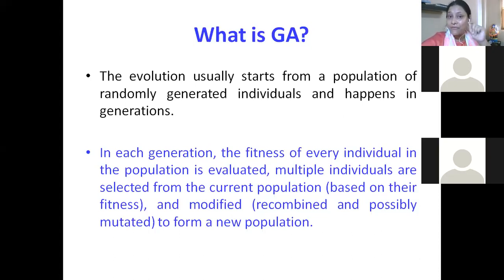That means each solution wants to create the next generation, which may be the fitter one, the better solution. So in each generation, how can you evaluate whether your next generation is fitter or better or not? You need to evaluate the fitness of every individual which will evolve in the next generation. Therefore you require one fitness function, right?